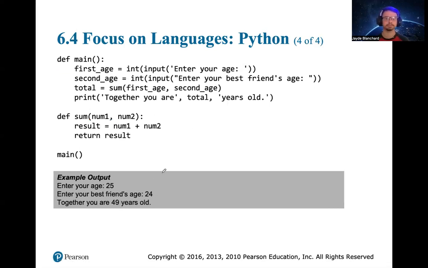Here's an example of that same program that I showed you, but in Python. So instead of just being pseudocode, this is how to write it in Python. See how we have def main and we have def sum, but def sum is inside of main already. So main is being called all the way at the end of the program. Again, this is not something that you have to do.